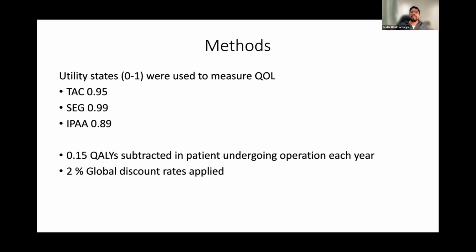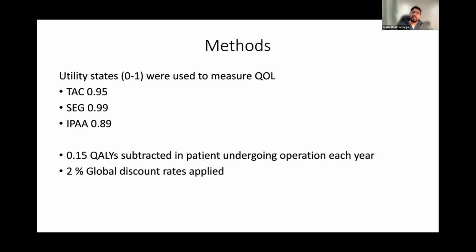If a patient had total abdominal colectomy, their utility was put at 0.95. For segmental colectomy, it was 0.99, and ileal pouch anal anastomosis was 0.89. If a patient had an operation in a certain year, 0.15 QALY was subtracted in that year for the patient.